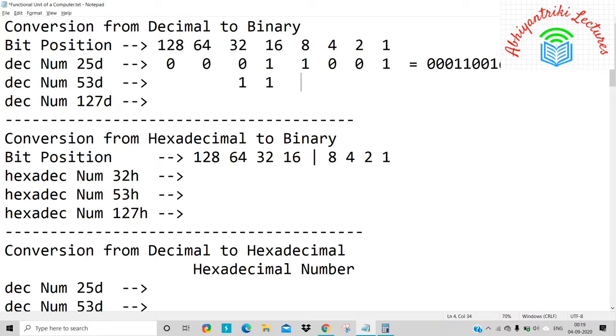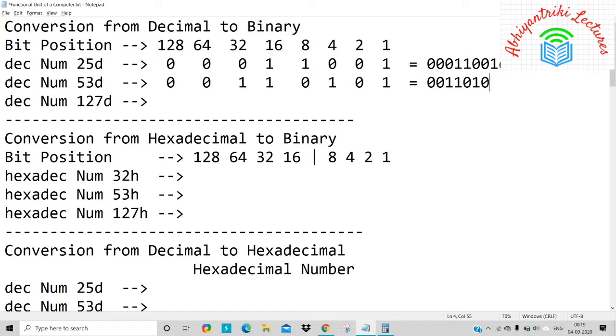Next, 48 plus 4 is 52. 52 plus 1 is 53, and the rest are all zeros. Here put 0, and at 64 put 0, and then 0, right? So now this is equal to 0 0 1 1 0 1 0 1.